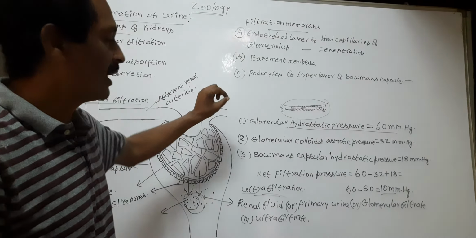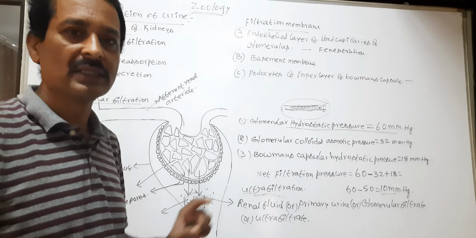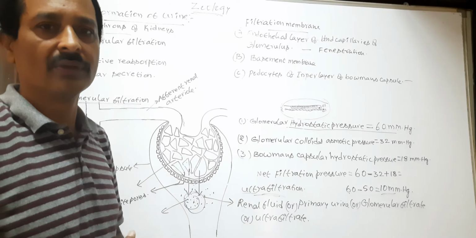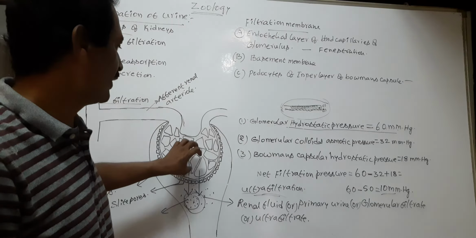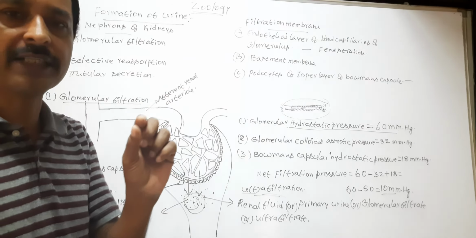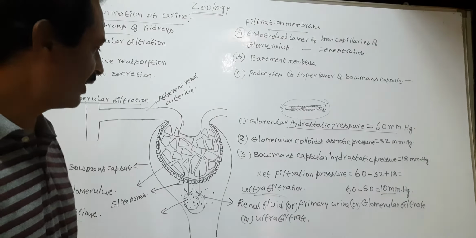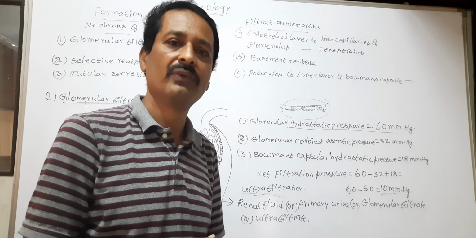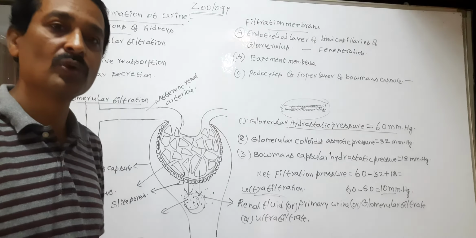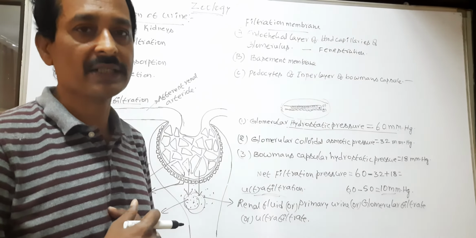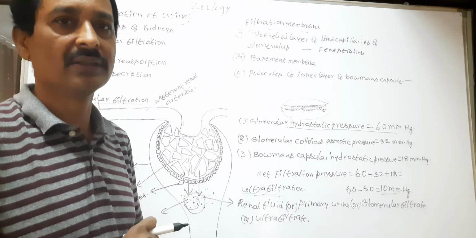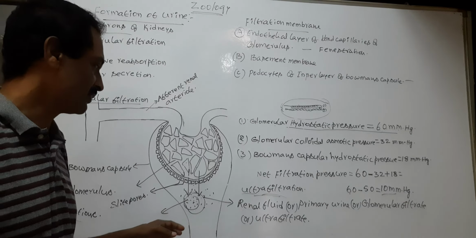So the large sized plasma protein does not travel through the small pores of the filtration membrane, while small sized plasma proteins can travel through the pores.